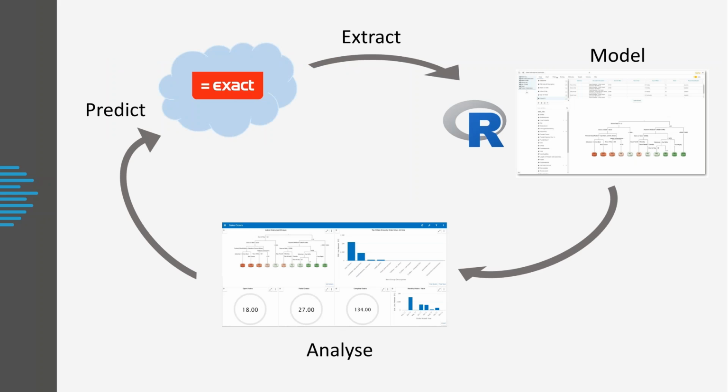Well, we extracted the data from the Exact Online platform out of their API and put that into R as the statistical modelling tool. R is the engine that sits behind Pan Intelligence, and we speak to R through our self-service data visualization layer in the design screen, and we'll show you that shortly.